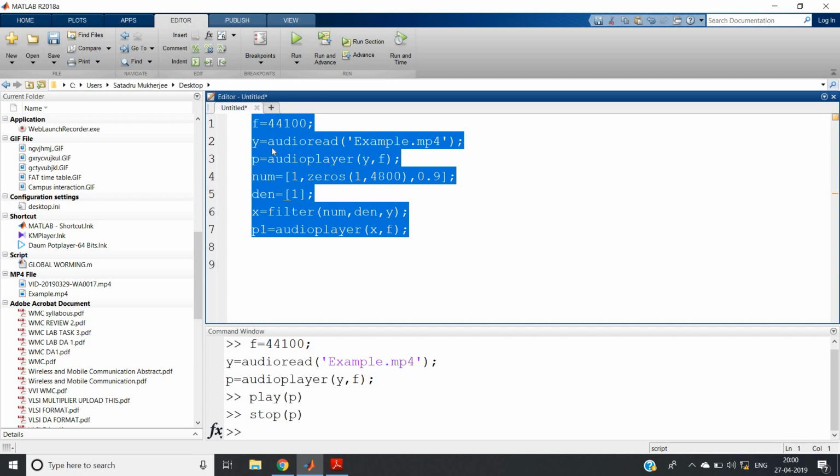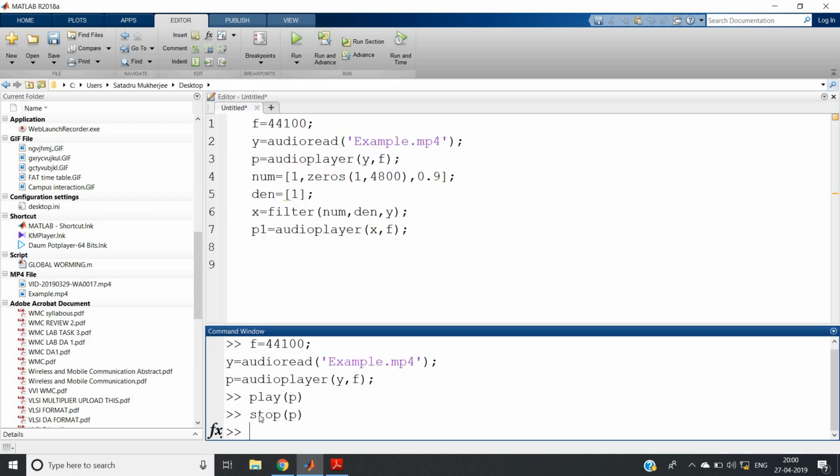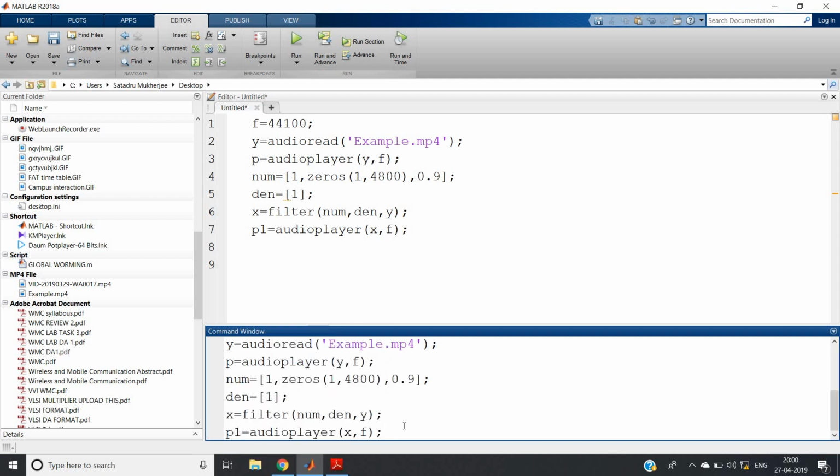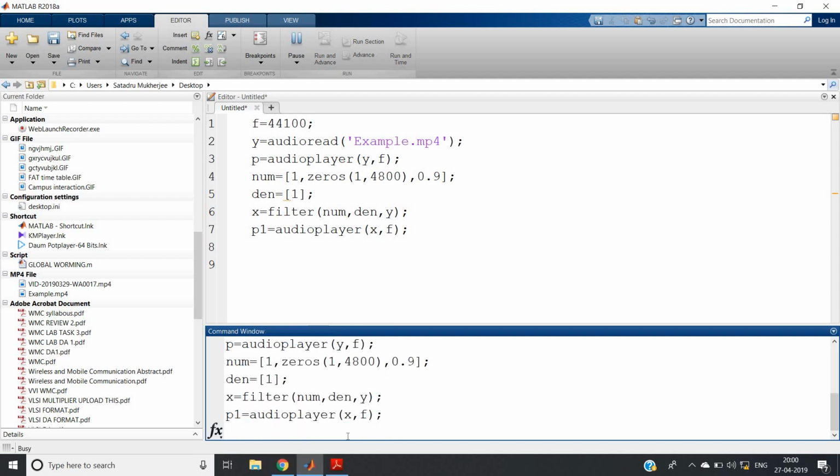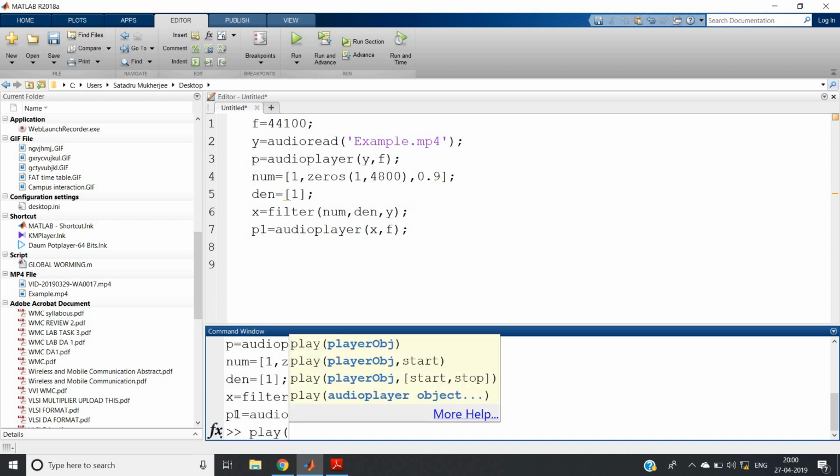I hope up to this it is done. Now copy this, paste it in the command window, click enter. Again it will take some time. Let us check. Yeah, now P1 contains the signal with echo.